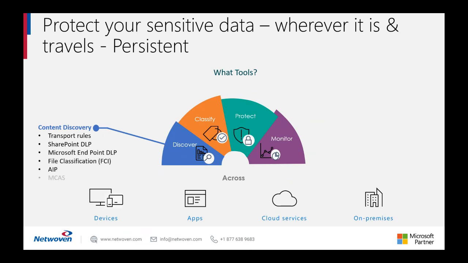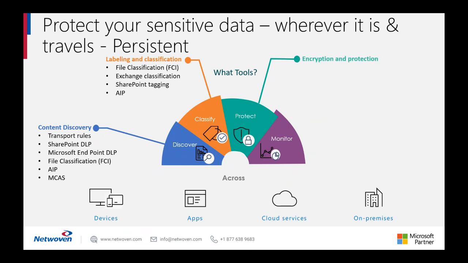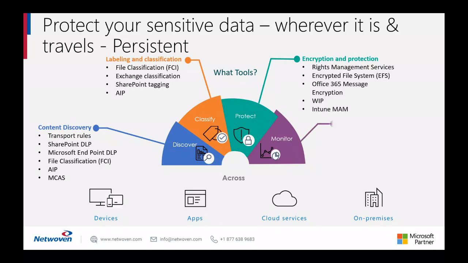So when we talk about discovery, and we go big picture here, we've got all these different products that deal with that first discovery piece. The classifying piece, again, we've got several products in there, and there's even more than this. And when it comes to protecting and encrypting it, another set, and the monitoring, of course, that we've looked through here. So it is so comprehensive.